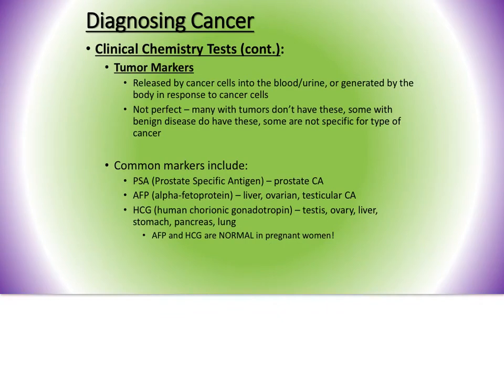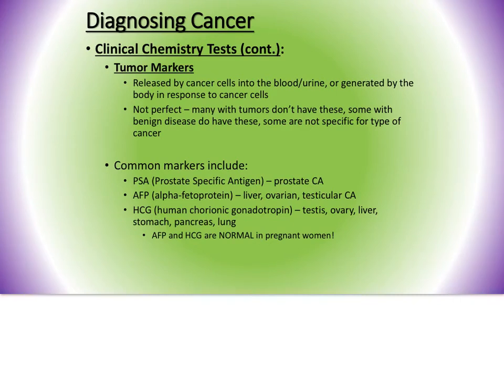Another clinical chemistry test that you would do using really blood or urine is a tumor marker test. Now, tumor markers are released by cancerous cells into your body or generated by the body in response to a cancer somewhere inside there. This sounds like a great thing, right? If we can just do a test for a cancer marker or a tumor marker and it's positive, well, they have that tumor.